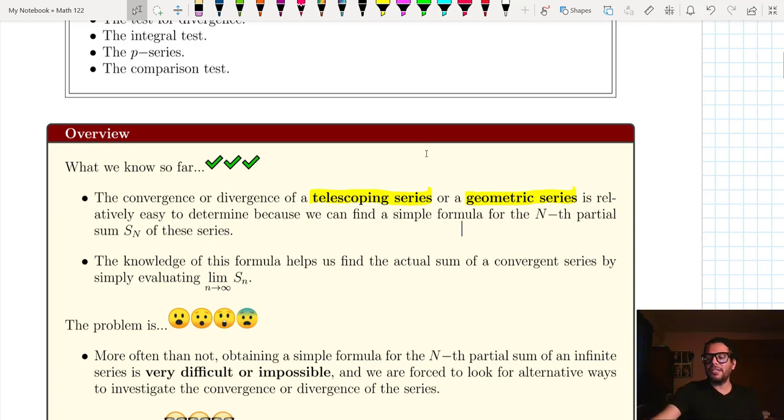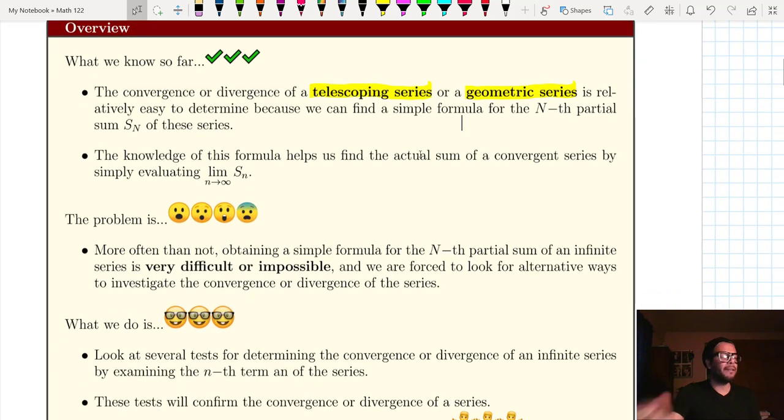And we also covered a generalized way to find the infinite sum by coming up with sequences of finite sums or partial sums. However, that works for a very specific type of series.